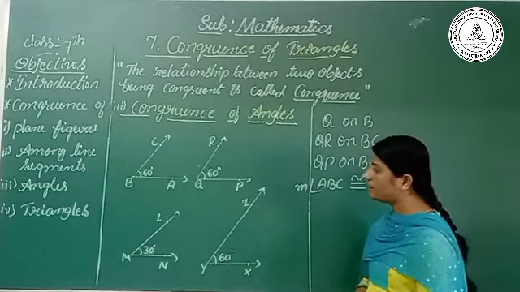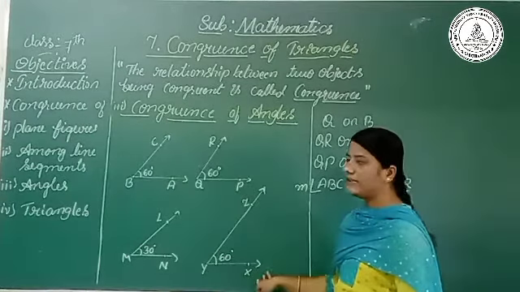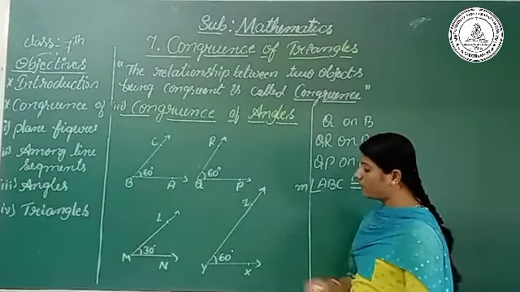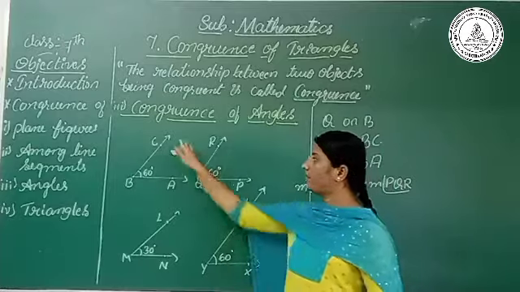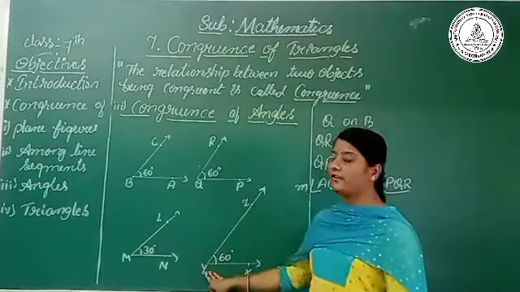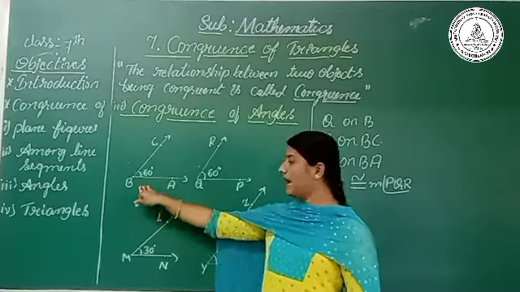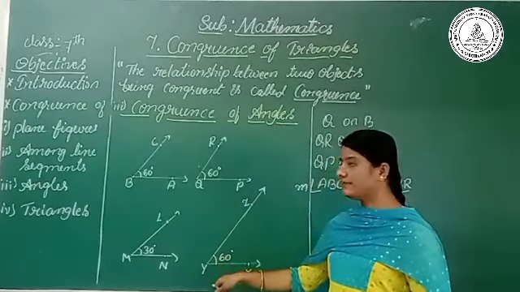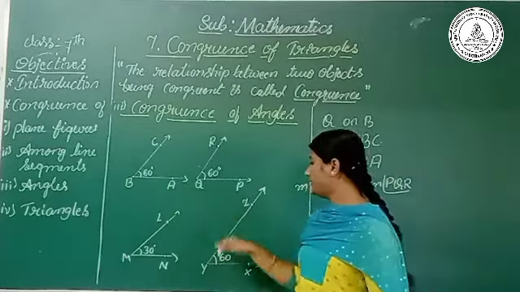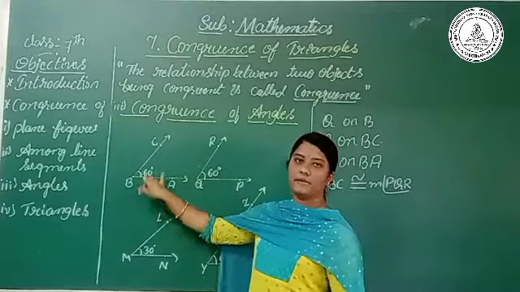So we can say that angle XYZ is congruent to angle ABC. You may also superpose the angle XYZ upon the angle ABC. Angle Y falls on B, ray YX falls on BA and the ray YZ falls on BC.